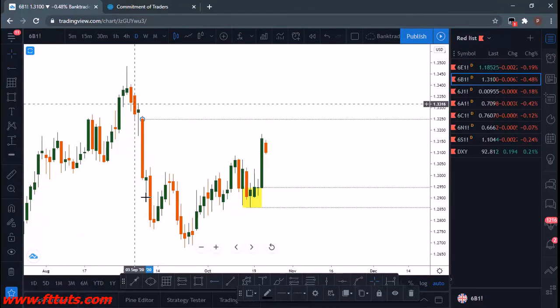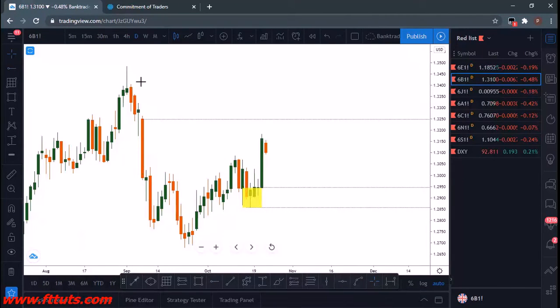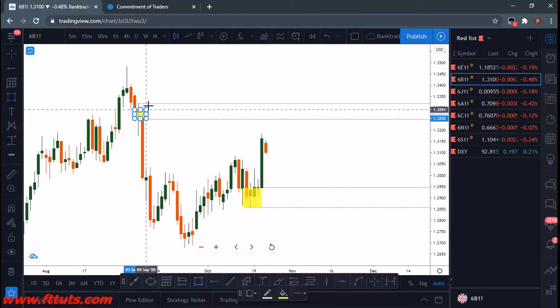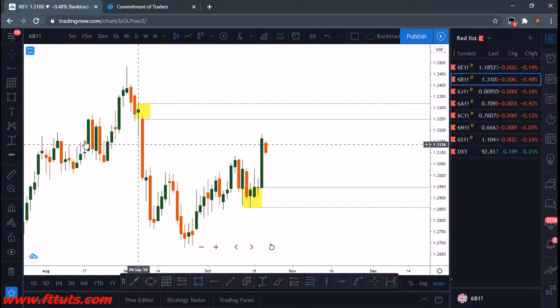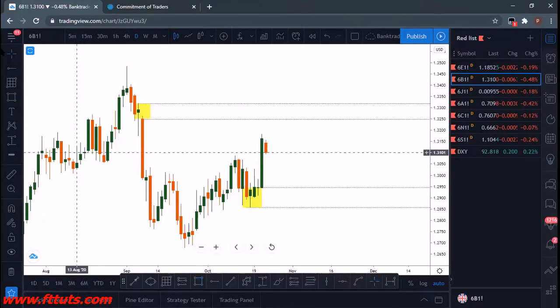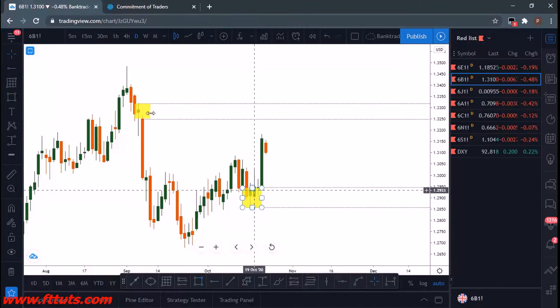It's taken out down here, but this is where our supply is. Drop base drop area. We haven't arrived in the area yet. And who is in control? Because this is fresh, this is fresh.